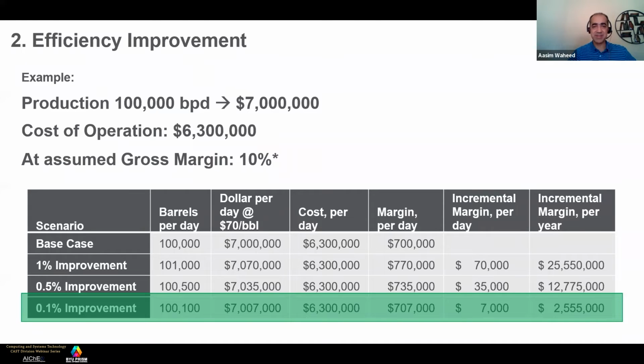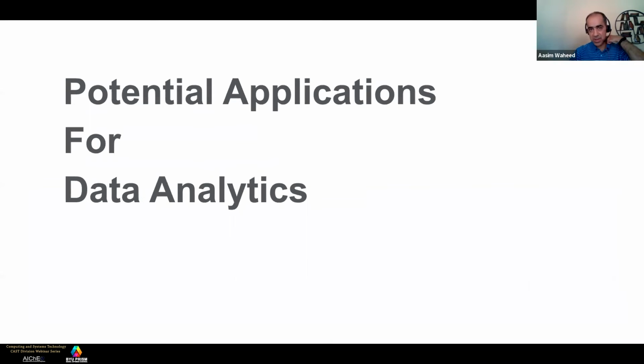It's not easy. It's difficult to achieve. But if you could do it, there's money to be had because you're telling the customer, I'm going to give you something that will allow you to make $2.5 million extra per year. So they probably will be willing to pay you something for it. So, an opportunity for analytics, which is what I wanted to get into.